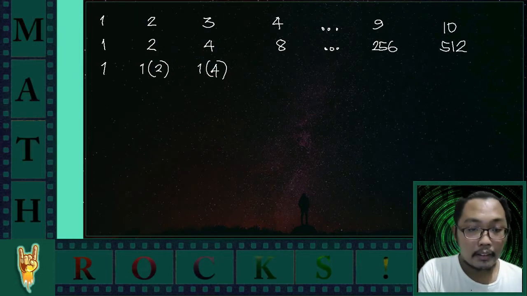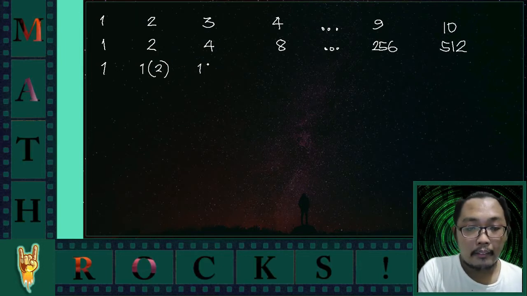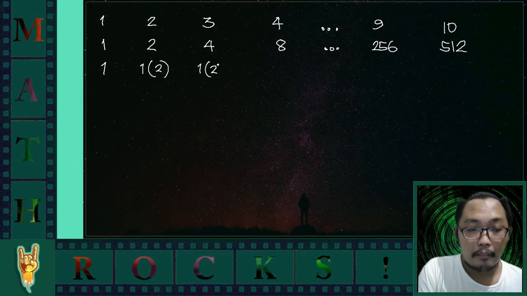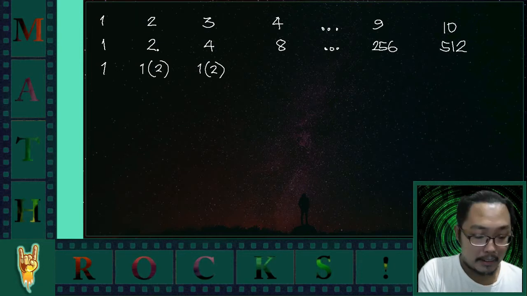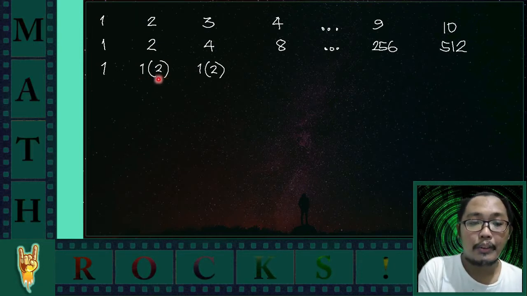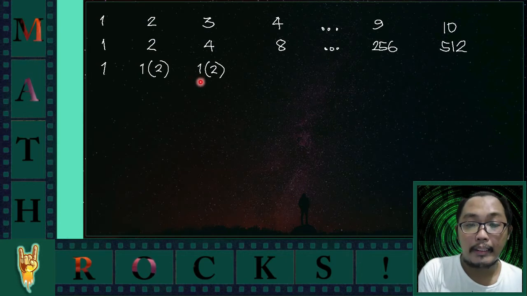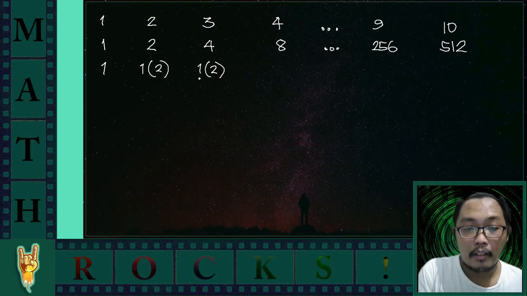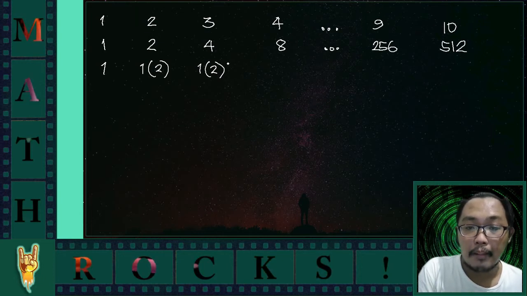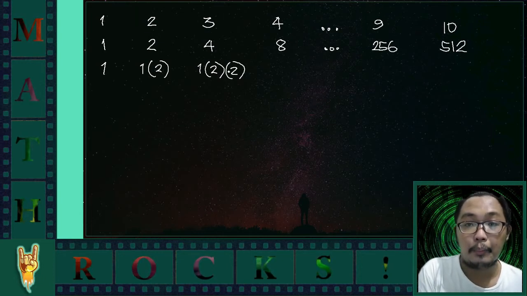So we can write the previous term as it is, but let us consider that it was already written as 1 times 2, so we will have our 2 written as 1 times 2 as well, for which we can have this expression equal to 4 by multiplying another 2.